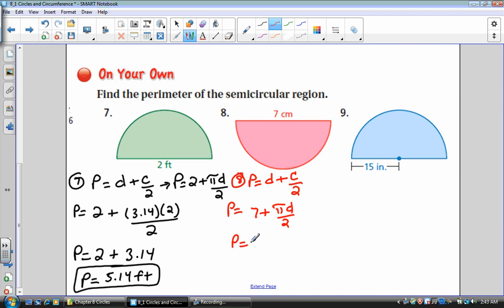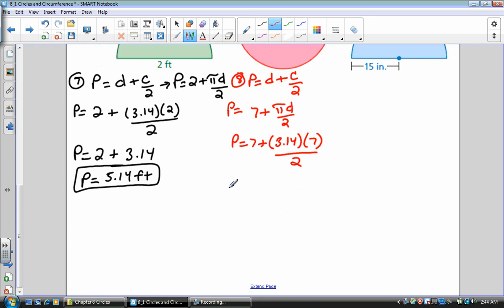So the perimeter is going to be equal to 7 plus 3.14 times the diameter of 7 over 2. All right, using the order of operations, that's going to be 7 plus 3.14 times 7 divided by 2. It's going to be 43.96. So we add those together. The perimeter is going to be equal to 50.96, and those would be centimeters.